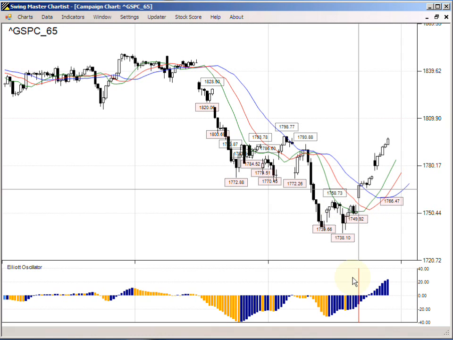It's a valid buy signal because, number one, we had the change in momentum back here. We had the breakout price exceeded clear of the red and the green breakout bars.